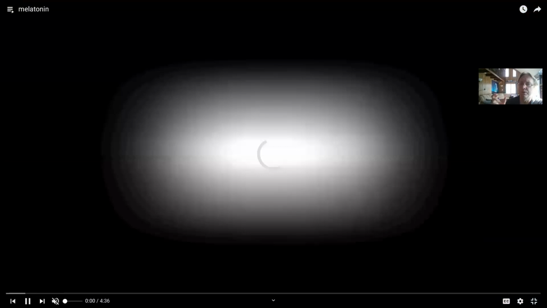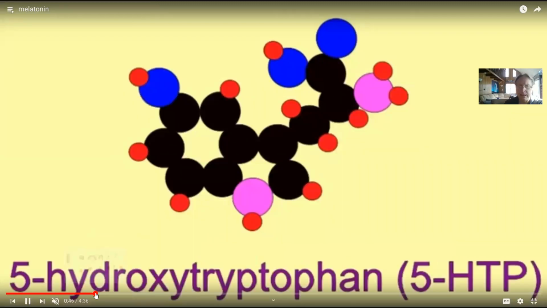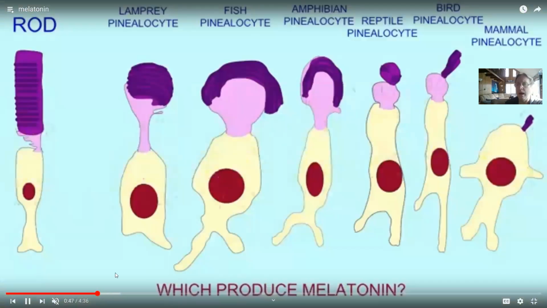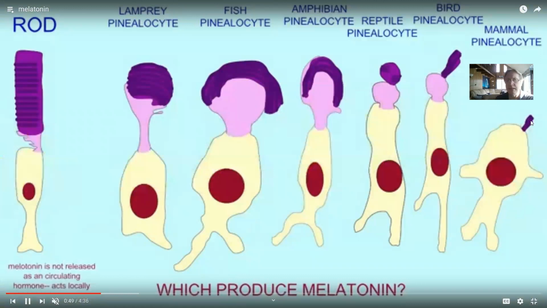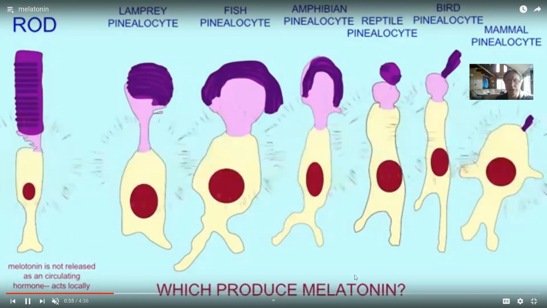That's no longer the case in humans because we don't have an exposed pineal gland on the dorsal surface of the brain. So the pineal gland makes melatonin from its pinealocytes, and this then can be released into blood. So the pinealocytes in mammals release melatonin just like all of these other ones. So you can see that this is an ancient mechanism.